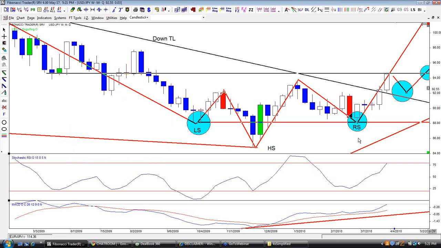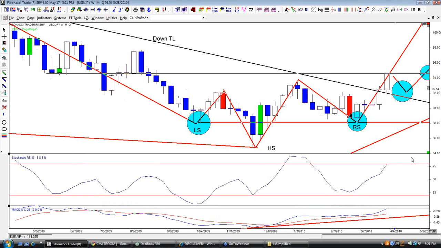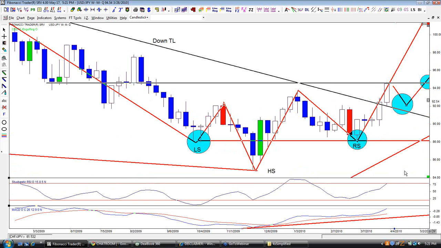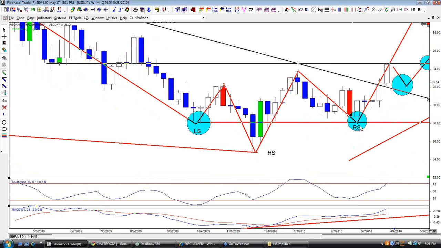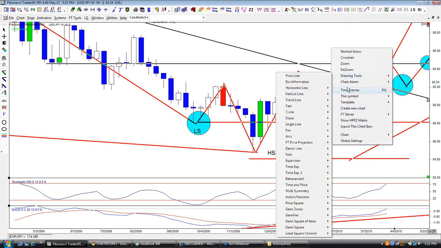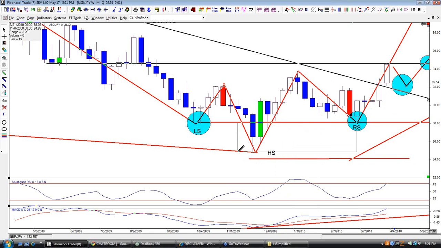Now if you would like to enter trade like this, most of the traders, when they're trading head and shoulders, if they enter at the right shoulder, they would place stop below the head. Now here on the weekly chart, it's pretty much impossible for us to place the stop below the head because we need like anywhere between 300 and 400 pip stop.